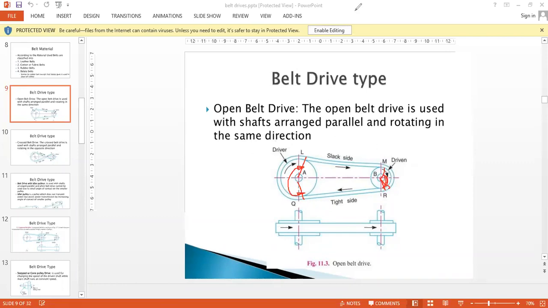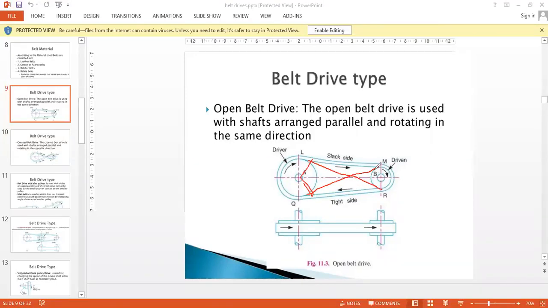But whereas if I take up, I'll just redraw it here. If I draw for a cross belt drive, it starts to be in contact from here.